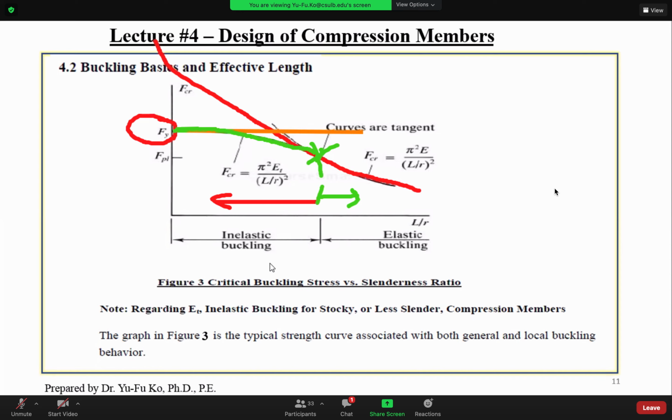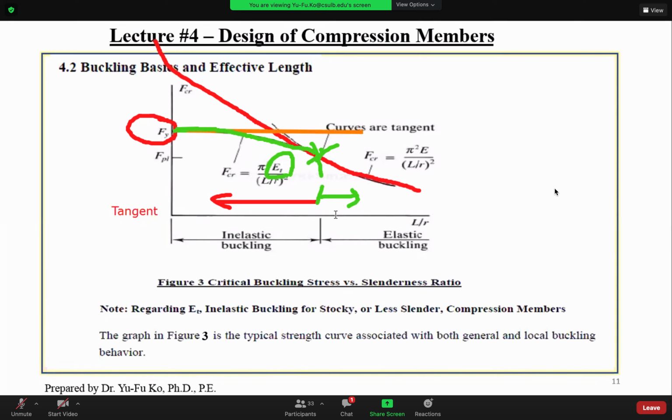On the left-hand side here, we call it inelastic buckling. When you reach the inelastic buckling region, we propose to use the tangent Young's modulus, which I'm going to talk about in the next few slides.